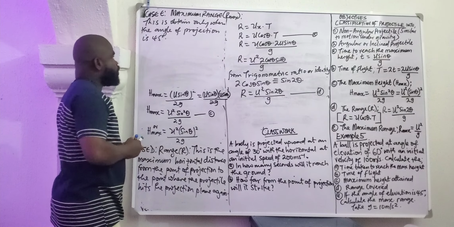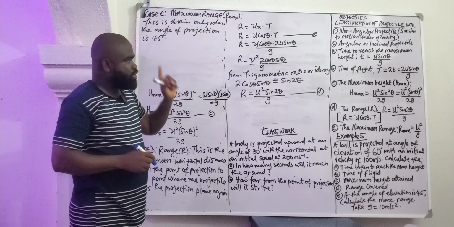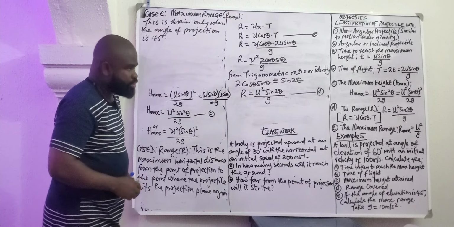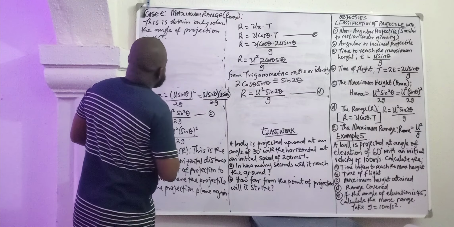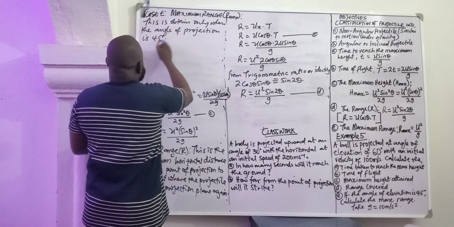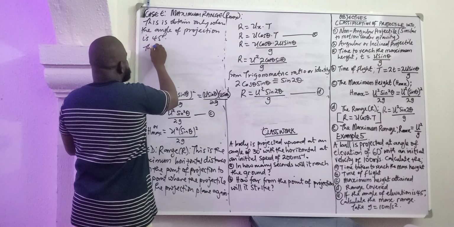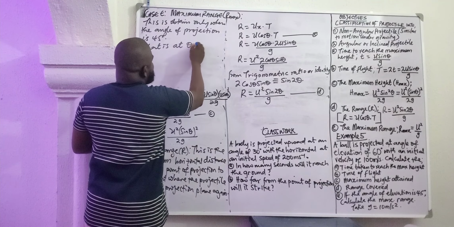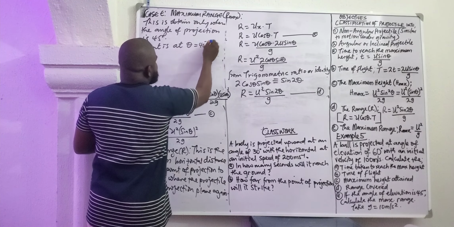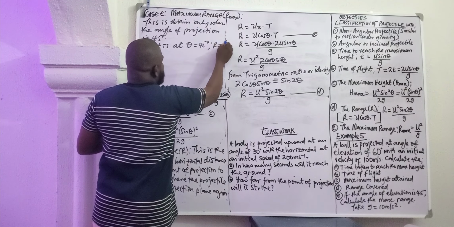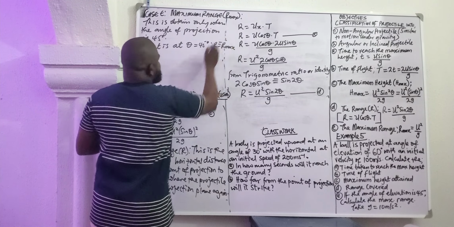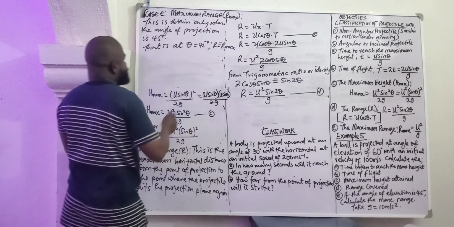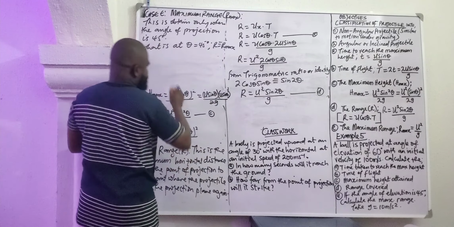So we say once theta is 45 degrees, the range will be maximum. So we are saying that at theta equals 45 degrees, R will become R max. So we will substitute it into this formula and see what we are going to have.